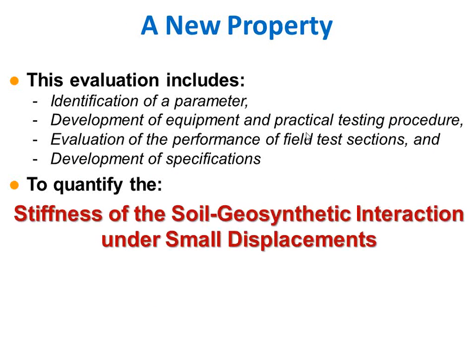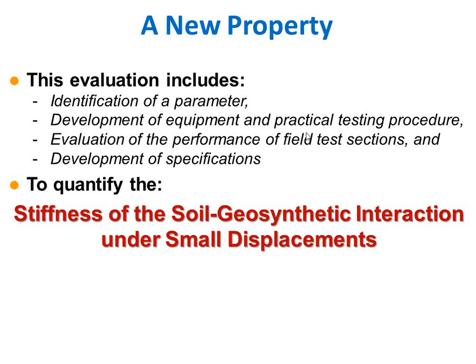So the new property that we're going to be focusing on is the following. It is the stiffness of the soil geosynthetic, we've been changing the names, I would call it now the soil geosynthetic composite under low displacements. That's the property that we're after. It's not the stiffness of the soil, it's not the stiffness of the reinforcement, it's not an interface, because we're going to get to see that really it's not the stiffness of the interface.